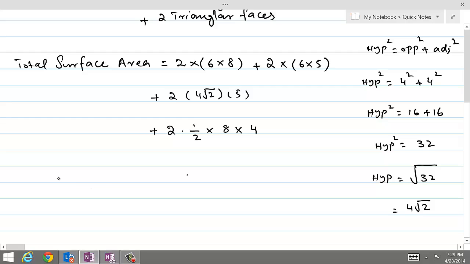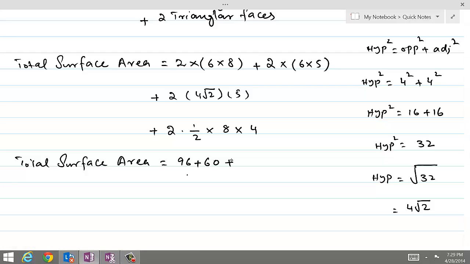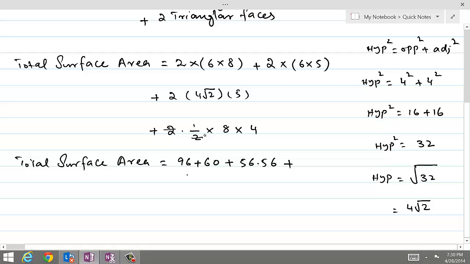So now if we calculate the total surface area, it would be equal to 96 plus 60, plus the next one, 2 into root 2 into 4 into 5, which would be equal to 56.56, plus, this 2 will cancel with 2, and this 8 times 4 will be equal to 32.